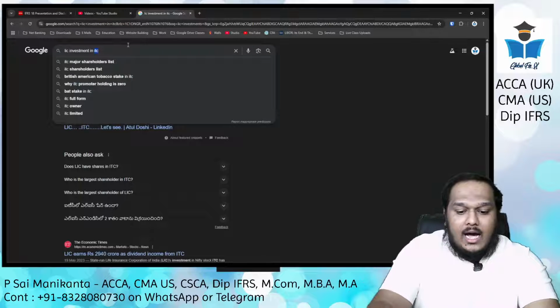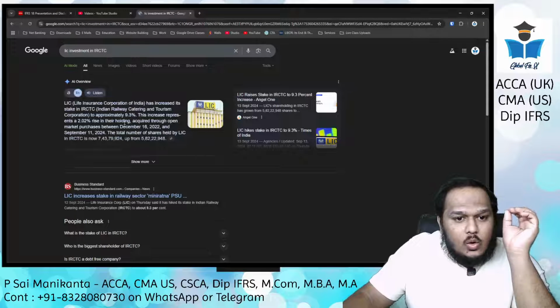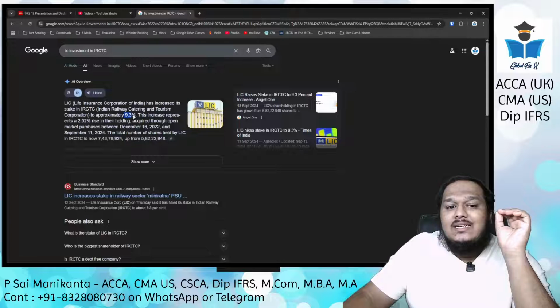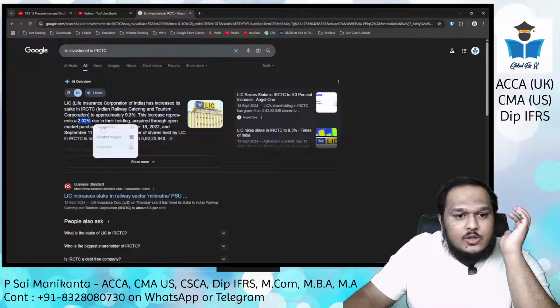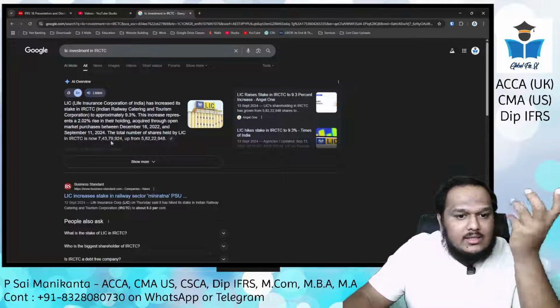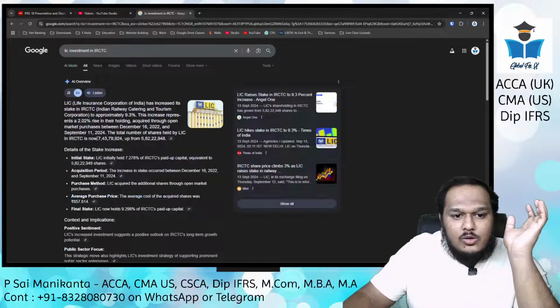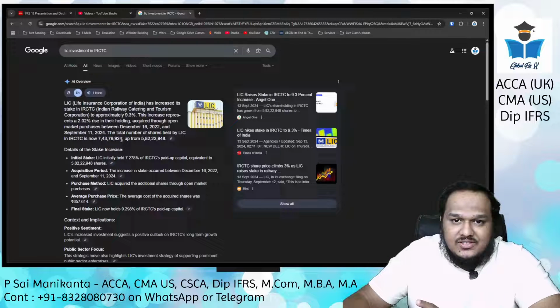Let me take IRCTC for example. LIC is holding approximately 9.3% stake, and this represents a 2% rise in their holding acquired through open market purchases between December 22 and September 24. Now they hold over 7 crore shares in IRCTC.